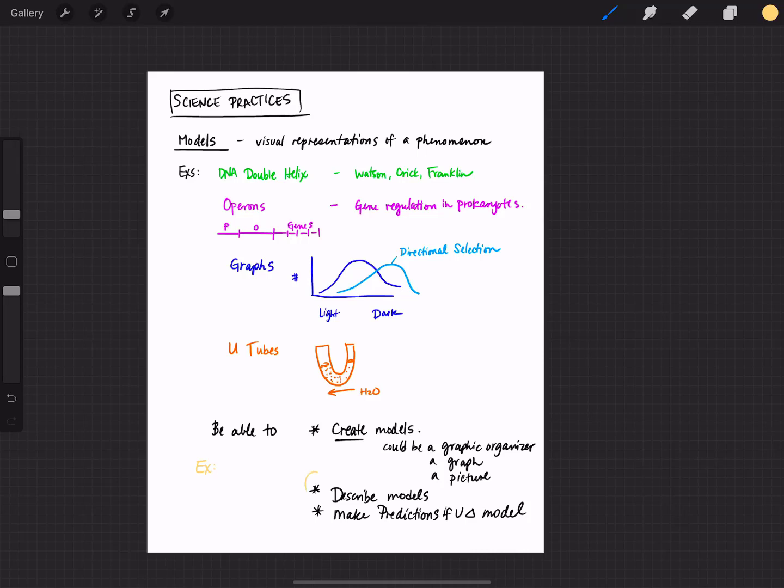Remember, in the cell communication unit, we went over signal transduction pathways, and we specifically looked at that for insulin and how certain individuals have slight alterations in the signal transduction pathway for the insulin receptor, which can lead to diabetes. So you can be asked to describe a model or make predictions if that model changes.